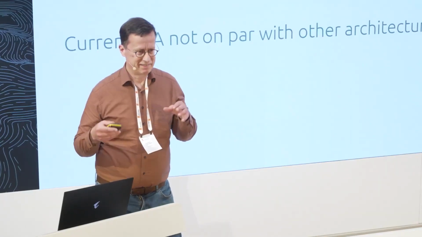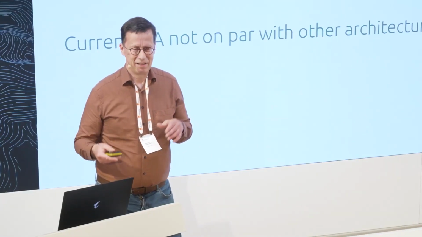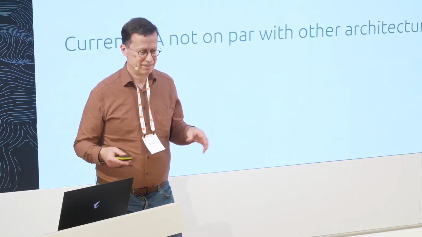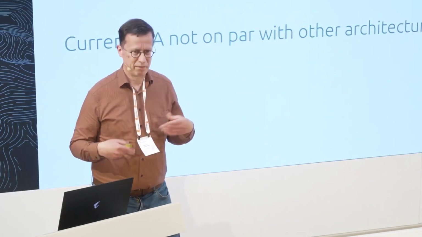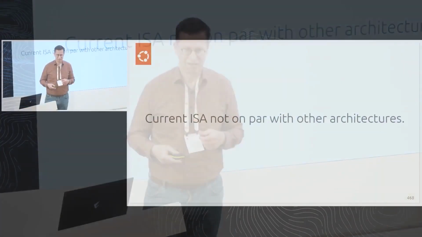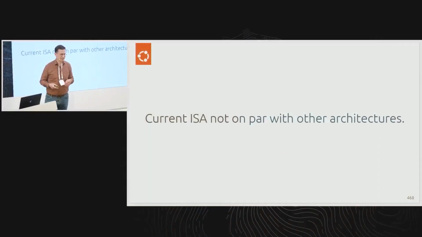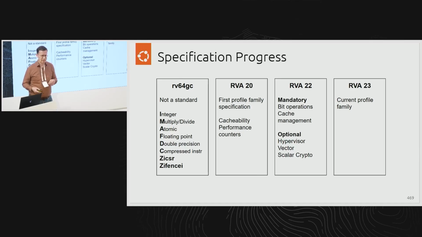So the ISA that we came up with when we launched in 21 our first image for RISC-V is not really up to the standards that we expect. And this is why RISC-V International, the organization that was founded, I think, in 2015, to standardize the different extensions for the RISC-V ISA, took up their work.